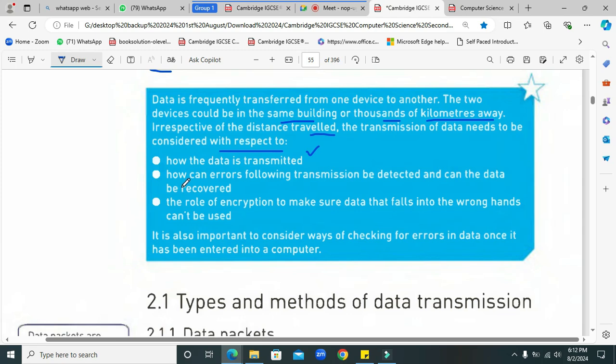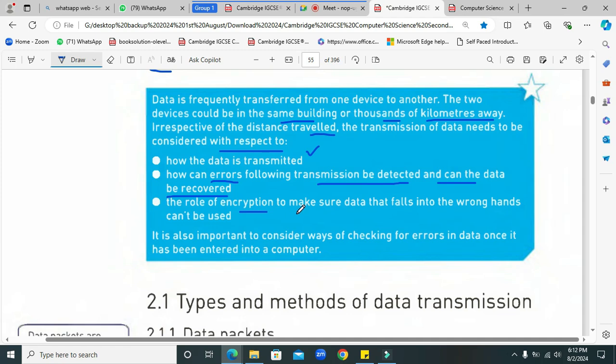Okay, how can errors following transmission be detected, and can the data be recovered? These are very important questions. Okay, how we can detect the transmission errors and how to recover that data if there is an error in our transmission.